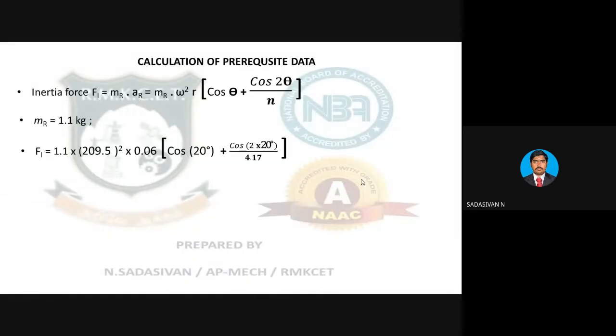So try to do this and get the answer. 1.1 into 209.5 square into 0.06, the whole bracket, cos 20 plus cos 40 by 4.17. Please use proper parenthesis in the calculator.